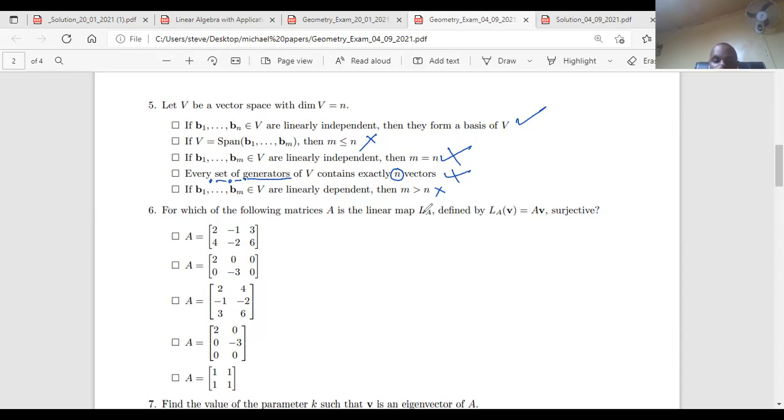Oh, it's linearly dependent. Oh, sorry. Okay, yeah, it's definitely wrong then. Why is it wrong? I'm thinking about it. So B1 to Bm in V, they are linearly dependent. Then M is greater than N. Not necessarily. It's wrong.